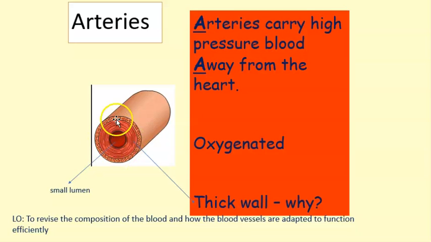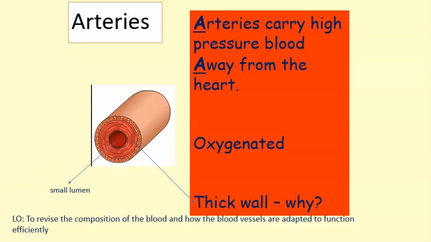The reason for this is that it carries blood at high pressure, and if the wall wasn't thick, then these vessels would burst. Because it's got a thick muscular wall, it will also mean that it has got a smaller lumen. The lumen is just the central part of the vessel where blood flows through. So small lumen, thicker wall.